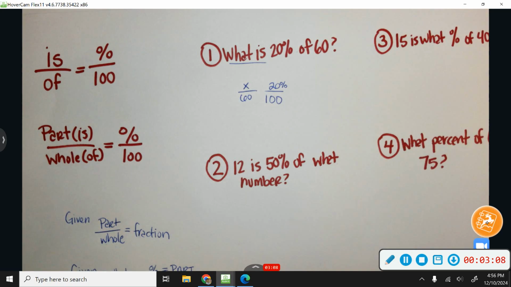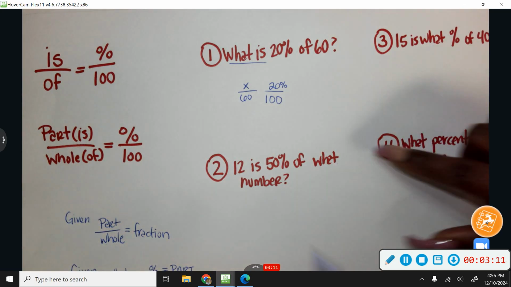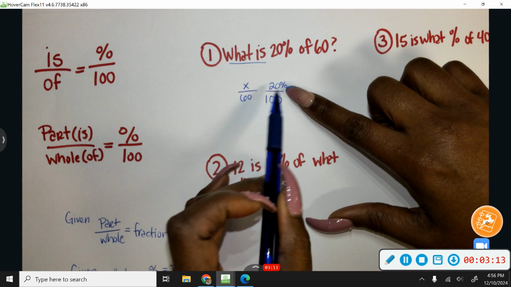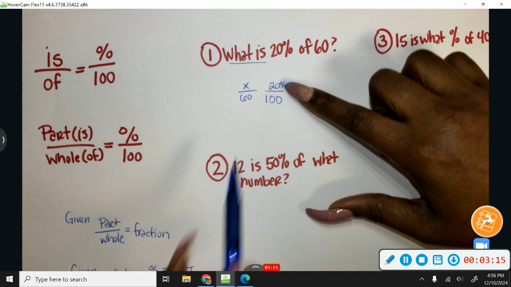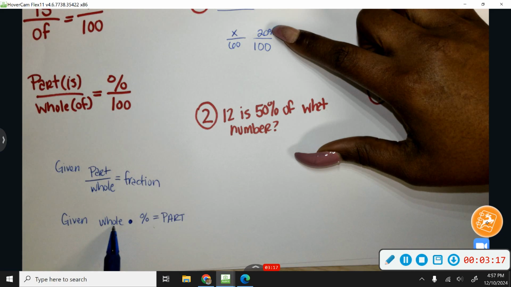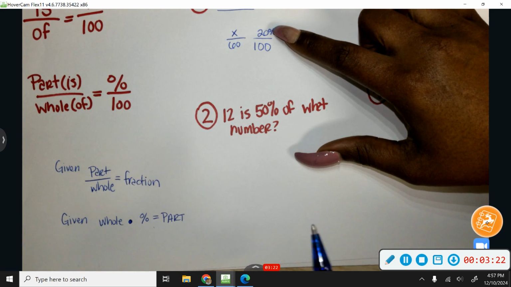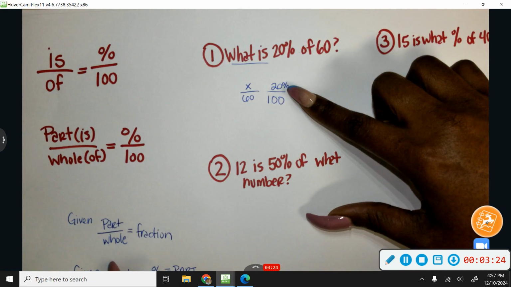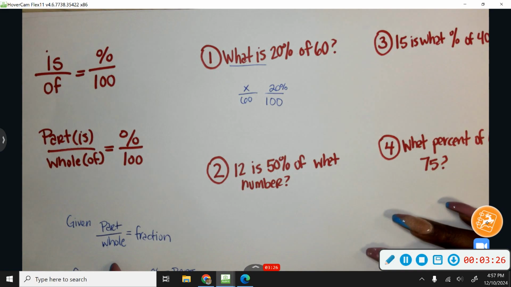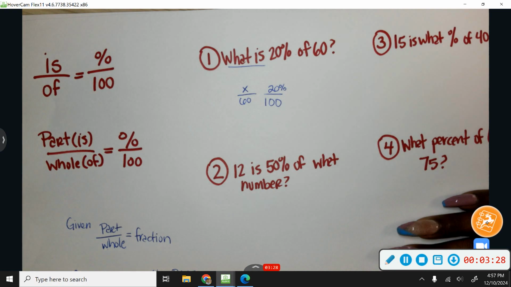So there's several different ways. Since we know my percent and we know my whole number, I just told you when given a whole number and your percent, we can multiply those two. But we'll do that in just a minute. Let's just solve it like we normally would first, and then we'll look at the shortcut that I showed you. In this case, I see a relationship.